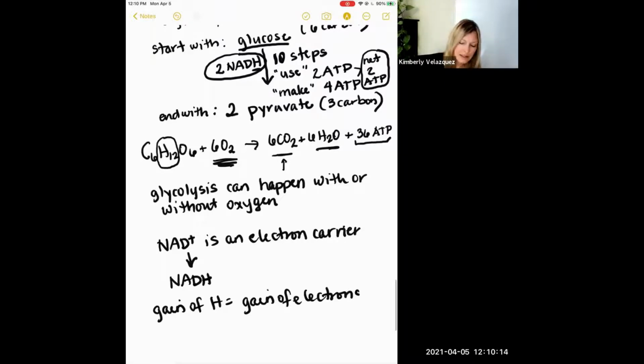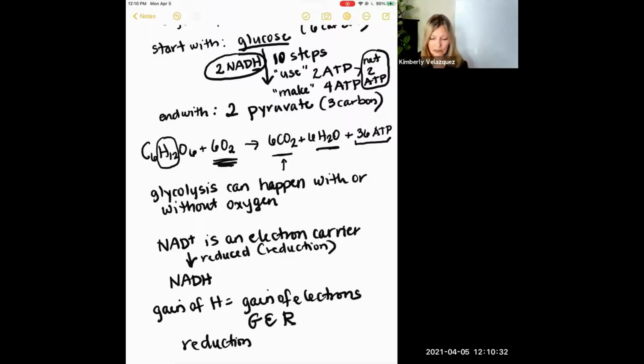And Leo the lion says grr, so gain of electrons is reduction. So this is reduction. We would say that NAD+ is reduced, and the reaction is called reduction, to become NADH.